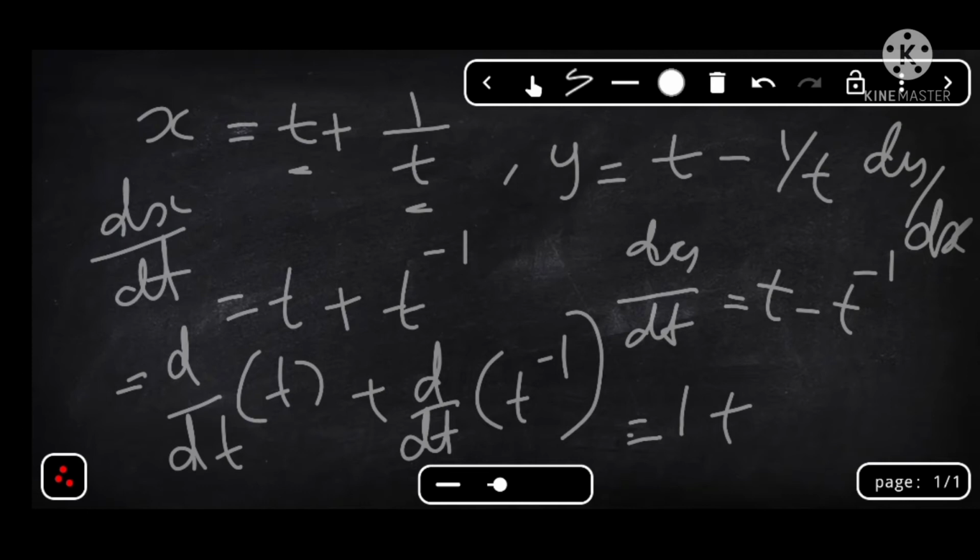What is our rule of differentiation? For your easiness, suppose this is 2. If we do d by dt of t square, what will happen? 2. So this 2 will be taken here, right?